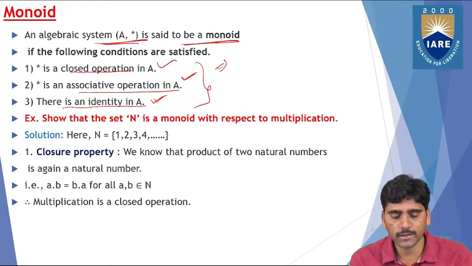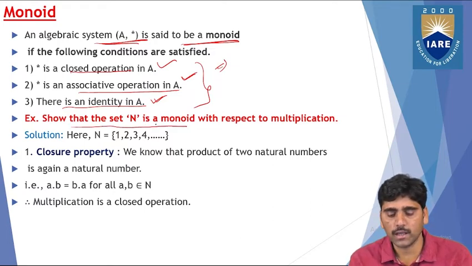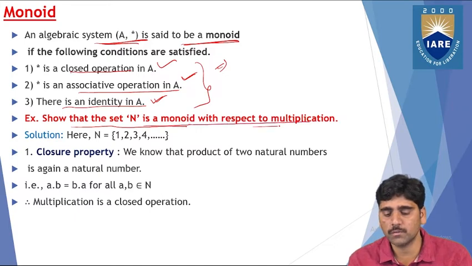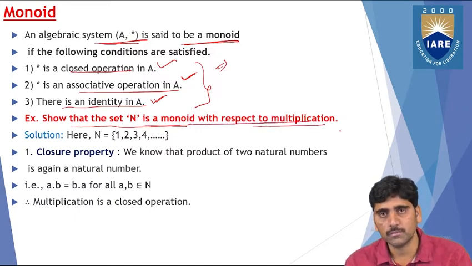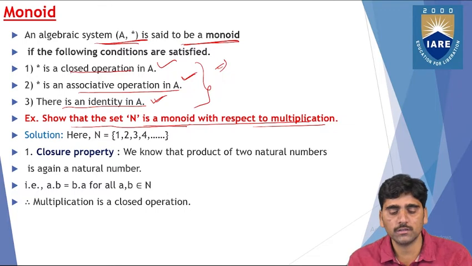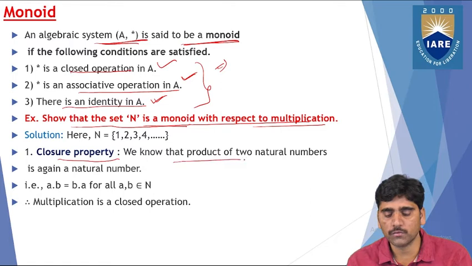Take an example: show that the set N is a monoid with respect to multiplication. For a semi-group to become a monoid, the closed, associative, and identity operations should be satisfied. So the solution is here. First is the closure property. We know that the product of two natural numbers is again a natural number.